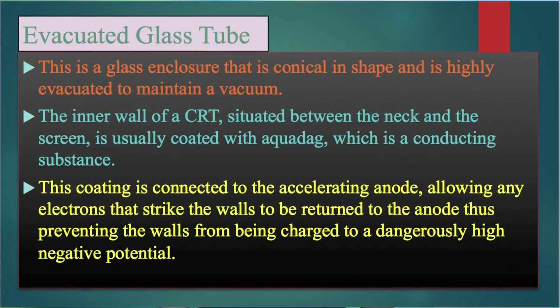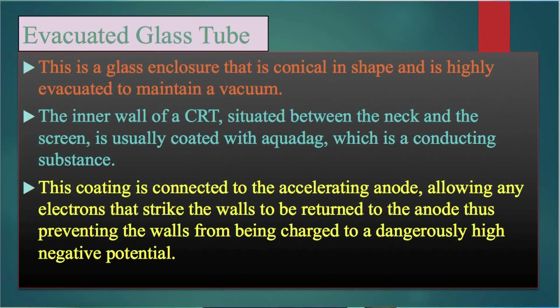First, let us discuss the evacuated glass tube. This is a glass tube that is conical in shape and it is highly evacuated to maintain a vacuum. It has several electrodes for its support. The inner wall of a CRT, situated between the neck and the screen, is usually coated with Aquadag, which is a very good conducting substance.